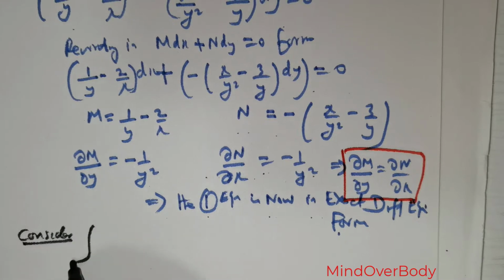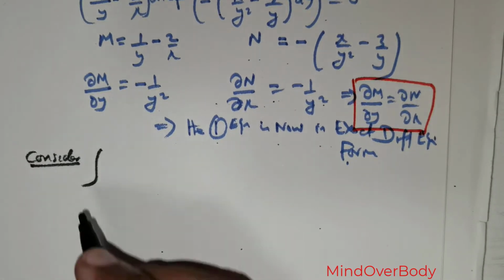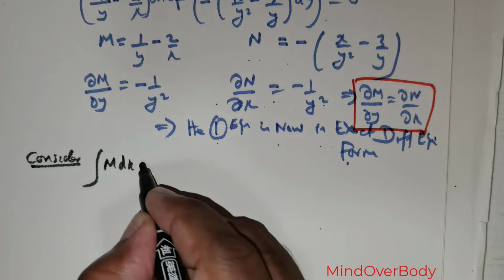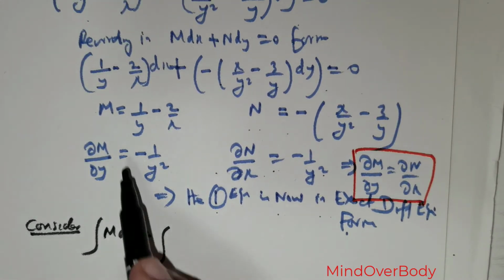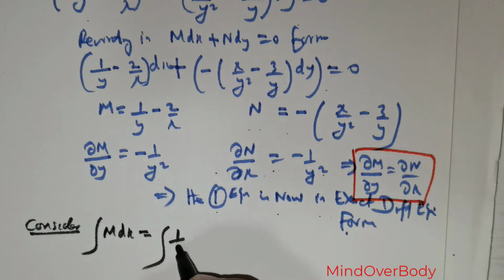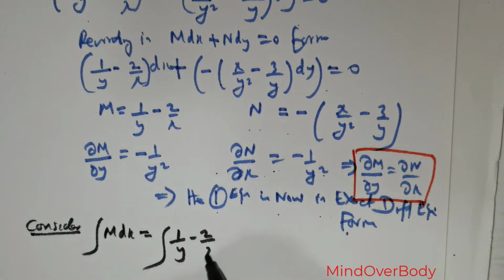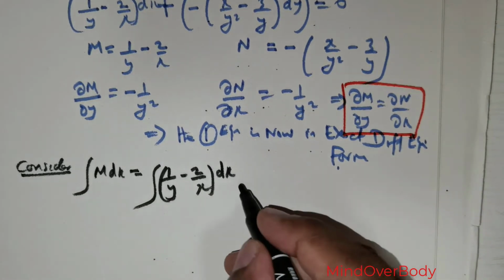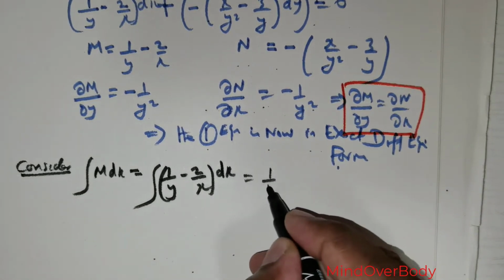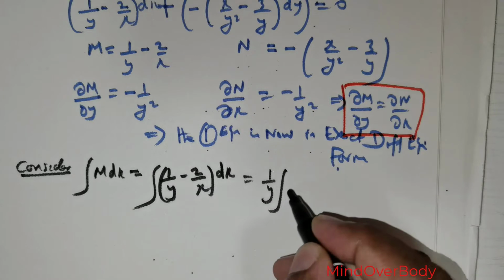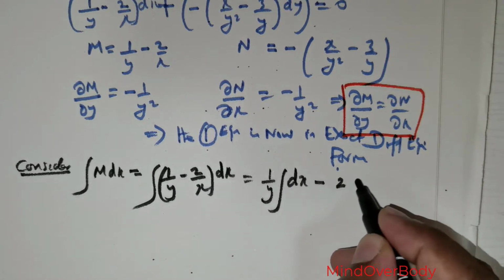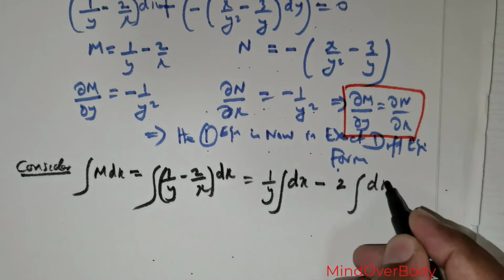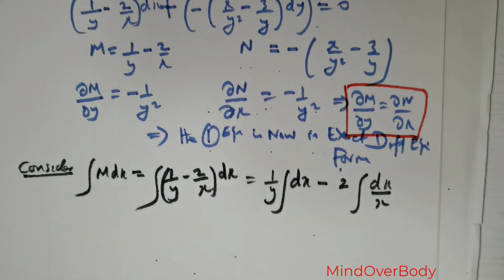I'm going to say consider the integral of M dx, which is equal to the integral of (1 over y minus 2 over x) times dx. This can be rewritten as 1 over y, which is a constant, times the integral of dx, minus 2 times the integral of dx over x.